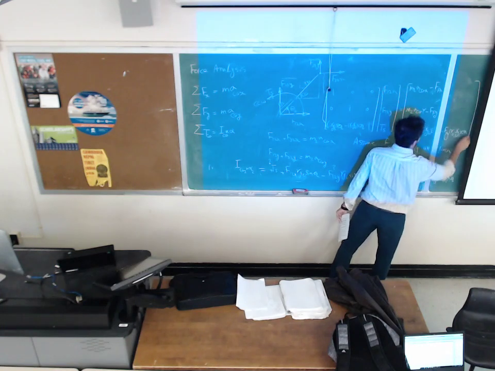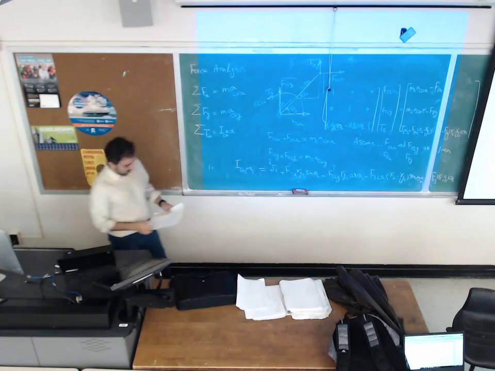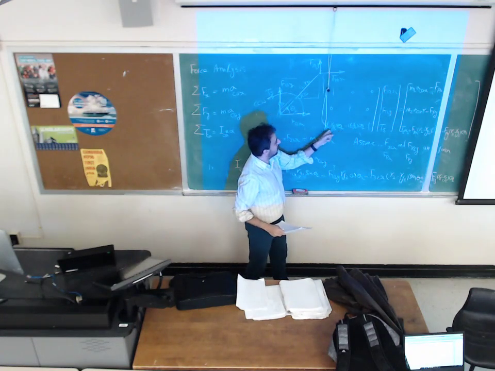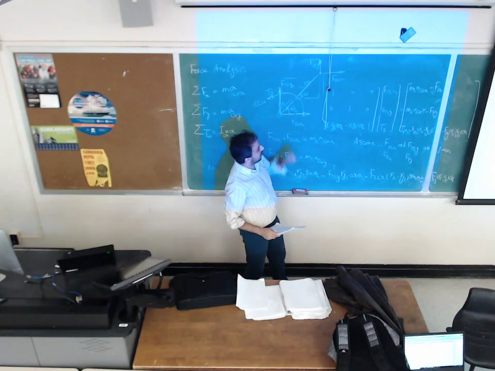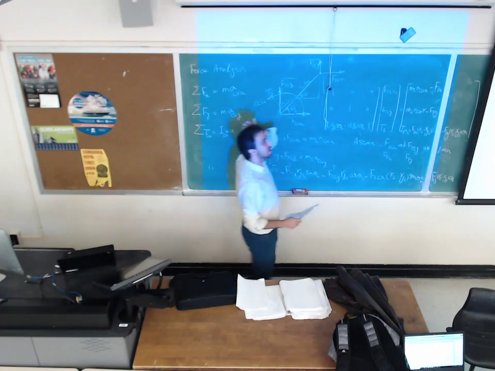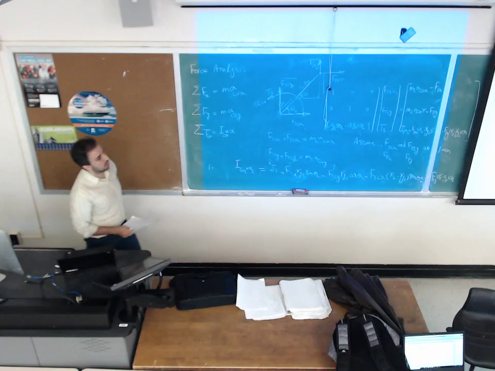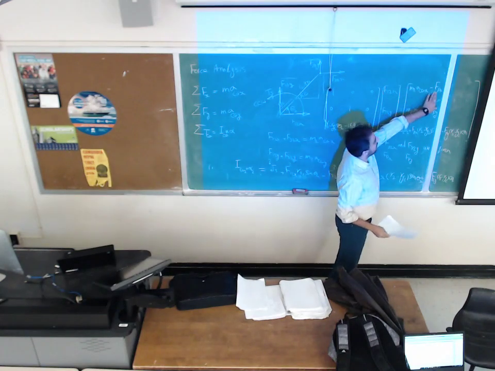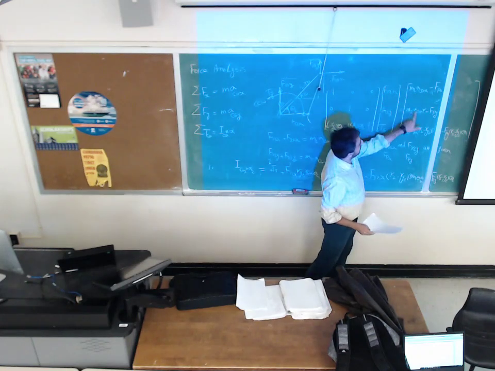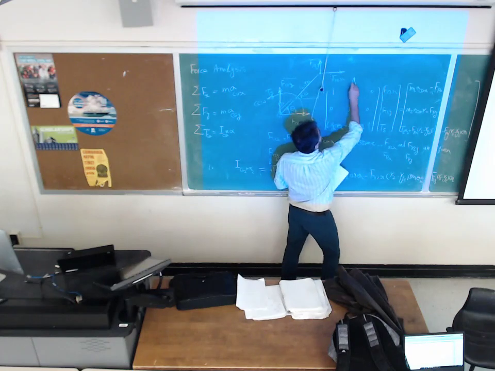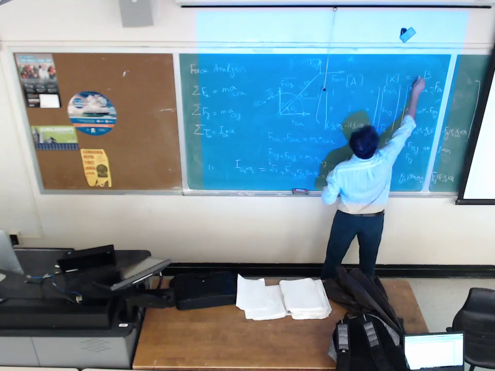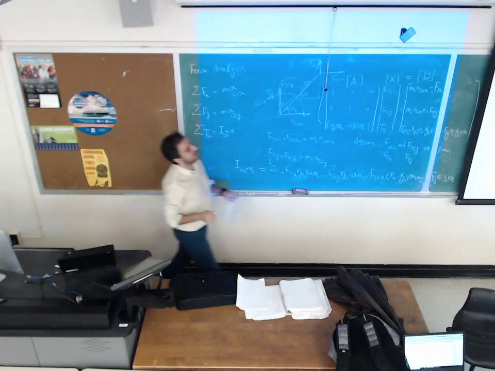Plug in the numbers here. Theta 2 is given, R2 is given, location of center of gravity is given. So this matrix is given. Acceleration of center of gravity for link 2, I already showed you how you can find that. Mass is given. FPX, I assume it's given for now. So this term and this term are given. So it's A times X equals B. Use MATLAB A/B for your matrix, or your calculator, to solve this problem.